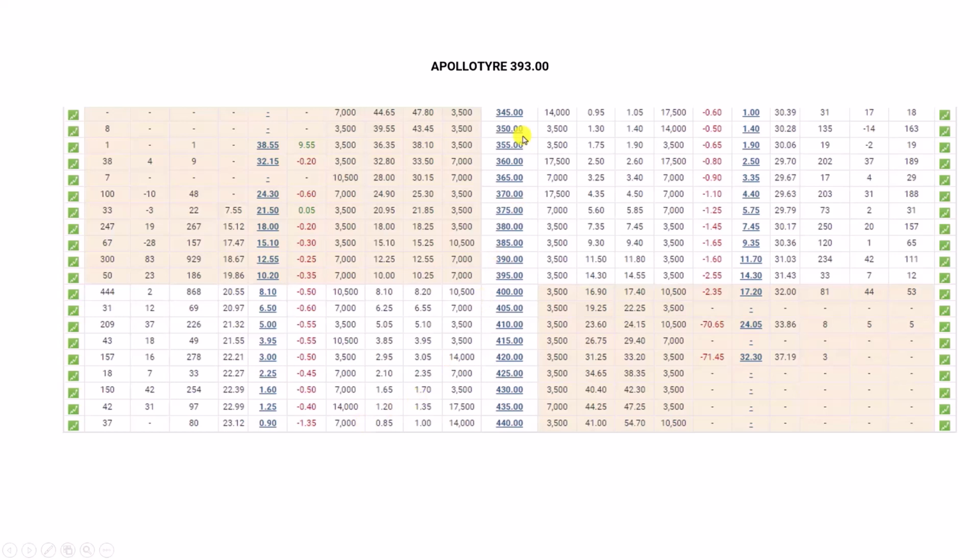Now, tomorrow, if the price increases to, let us say, 420, then all the strike prices less than 420 become in the money. Okay. So, if tomorrow price reaches 420, then all the strike prices, which are these, you see, today these are out of the money.